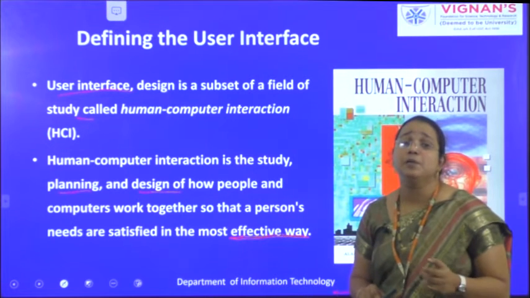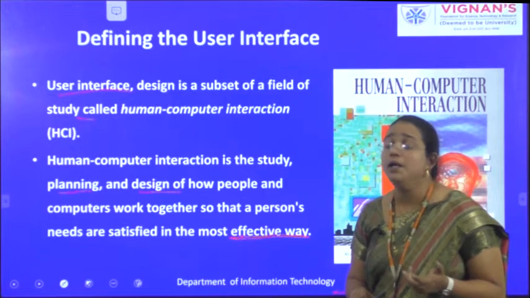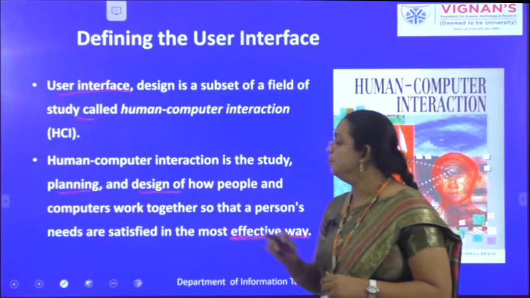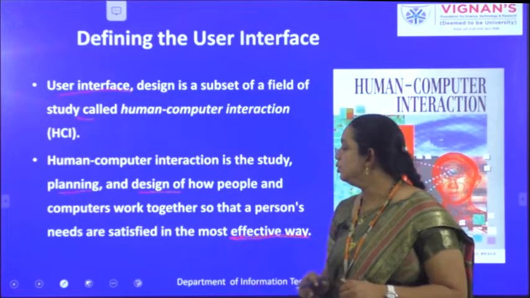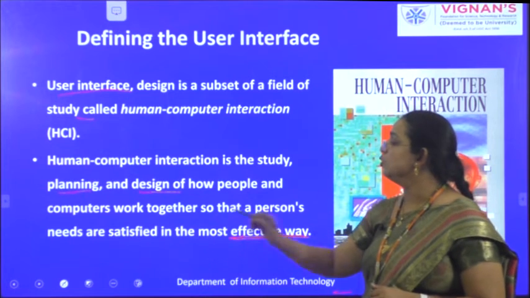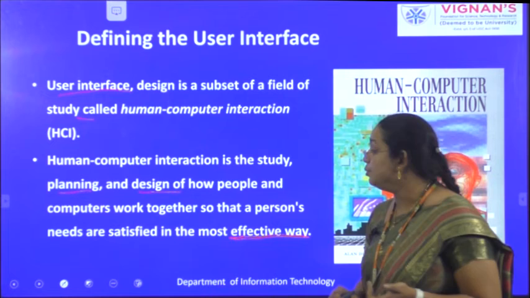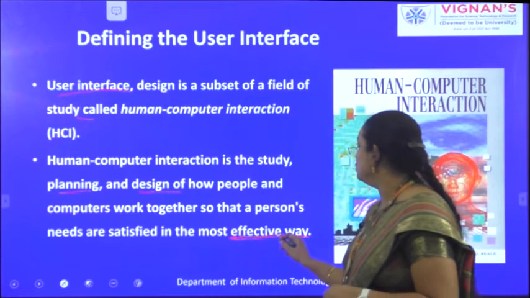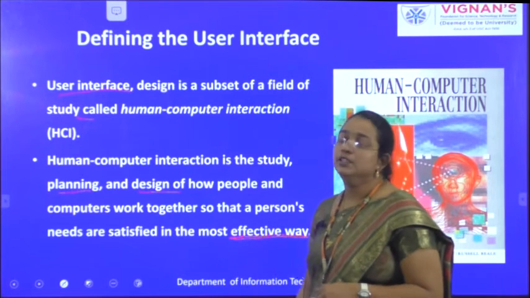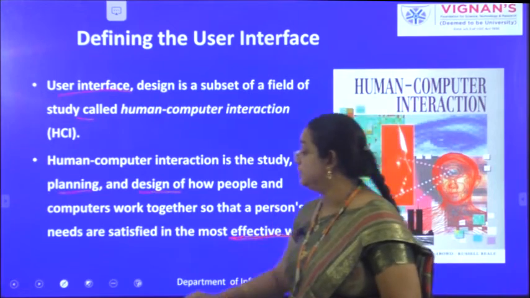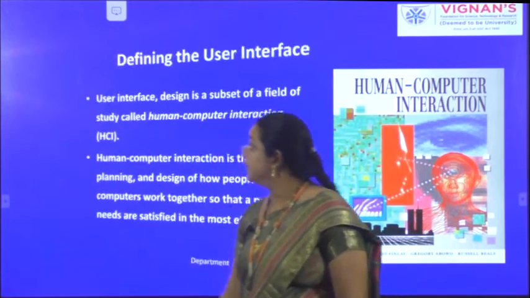Human-computer interaction is the study, planning and design of how people and computers work together so that the person's needs are satisfied. The needs of the user have to be satisfied in the most effective way. This is what is called the design of user interface, defining a user interface.